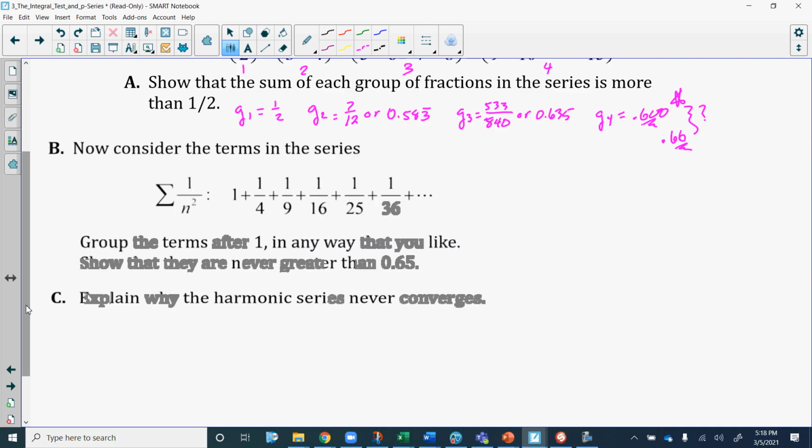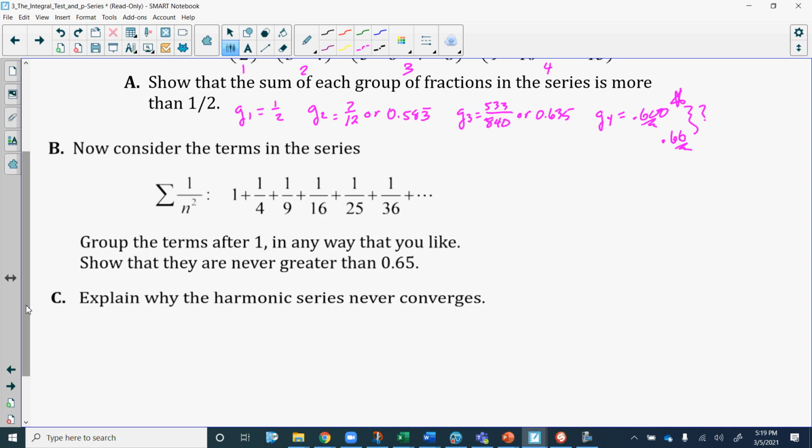Well, now let's take a look at the terms in the series 1 over n squared. And it says, group the terms after 1 in any way that you like, and show that they are never going to be greater than 0.65.